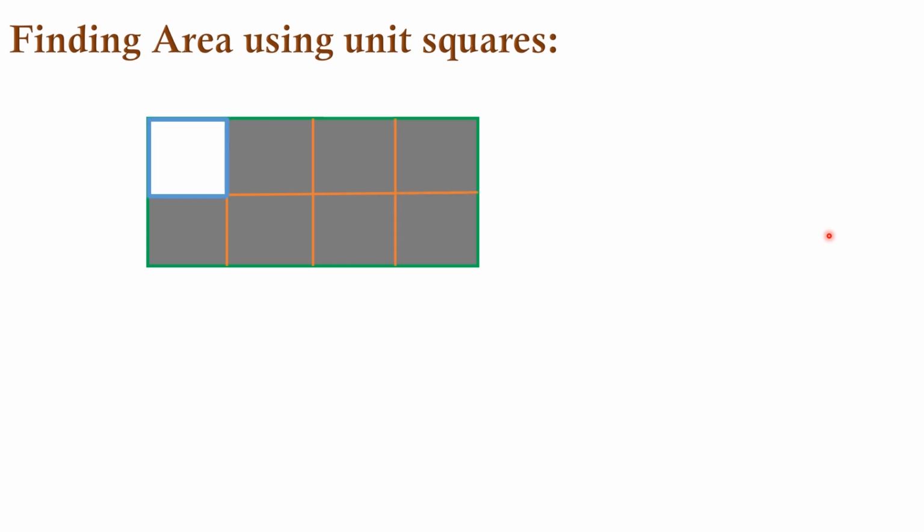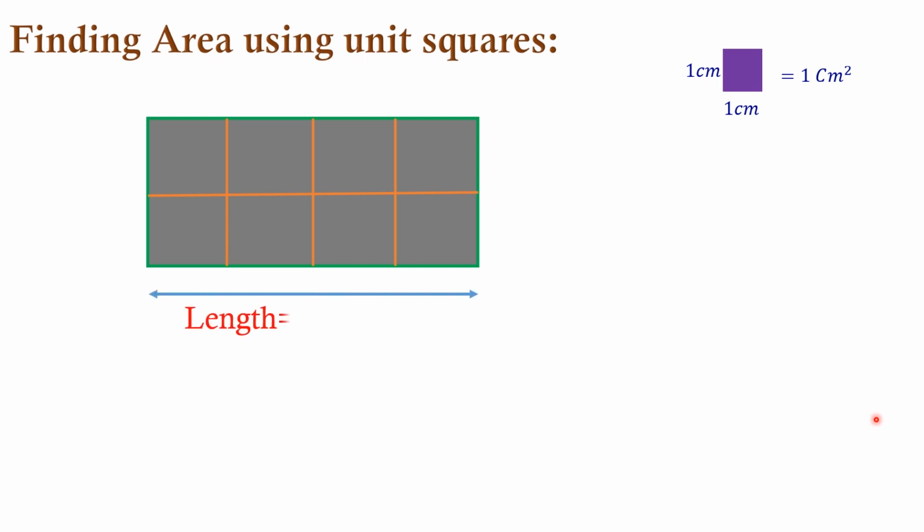If the length and width of a square are equal to 1 centimeter, then that square is called a unit square. Now the rectangle has been divided into 2 rows of 4 squares each, which means the length of the rectangle is 4 centimeter and the breadth of the rectangle is 2 centimeter.